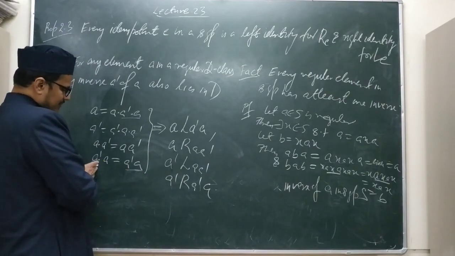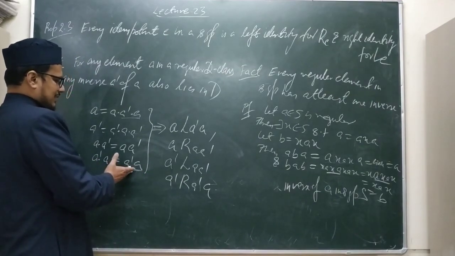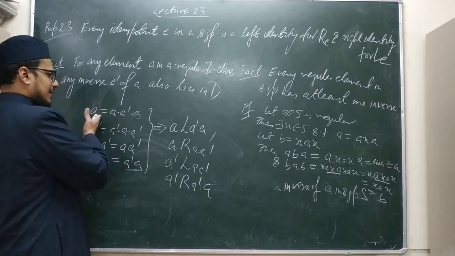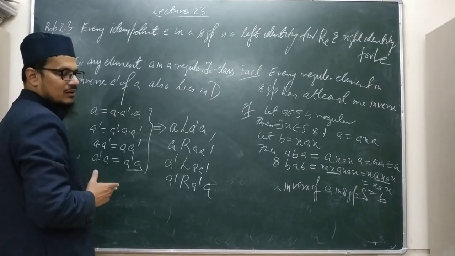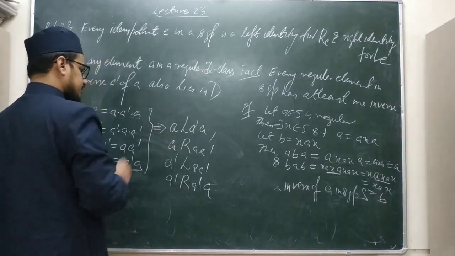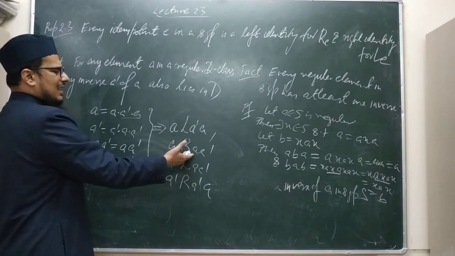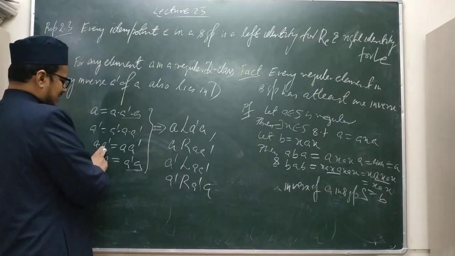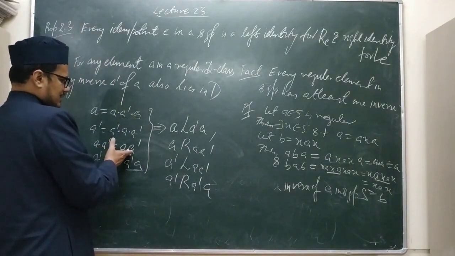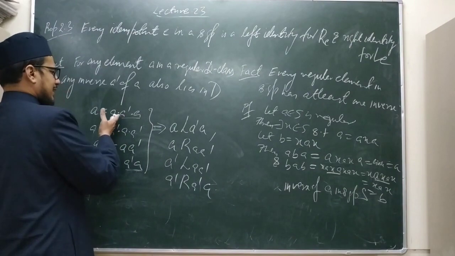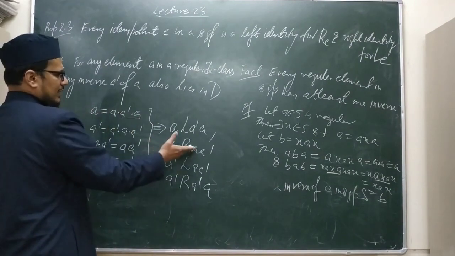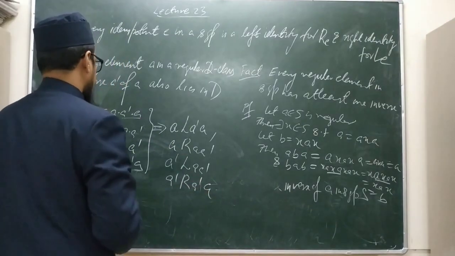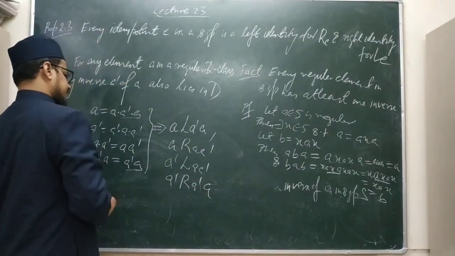We are multiplying a by left and we are getting a dash a, correct? And also a dash is multiplied by left and we are getting a. So in this way a L a dash a are related to each other. If you see this, how a R a a dash: when you multiply a by something on the right side, you are getting a a dash, and when you multiply a a dash by something on the right side, you are getting a. So in this way a R a a dash. Now you see how a dash and a a dash are related to each other.